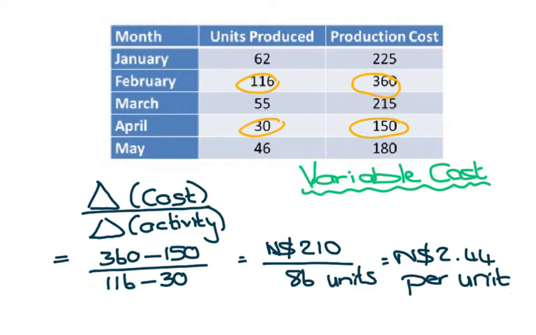It's my 116, which was the highest, less the lowest. That will give me 86. Now, if I take 210 Namibian dollars to produce 86 units, then my per unit cost will be 2.44. And this is then my variable cost. Very important when you do this formula, you calculate variable cost per unit.